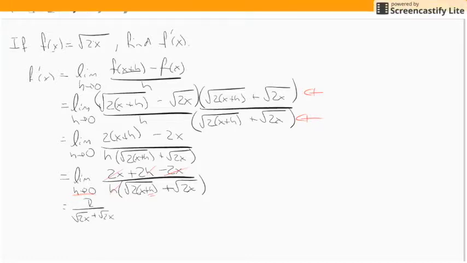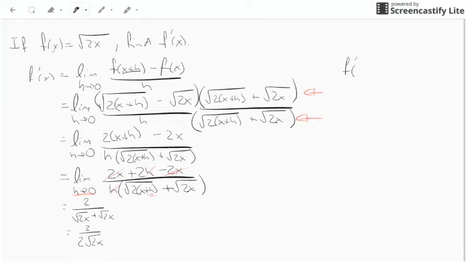Wow. Did a couple goofy things here. Hold on. In the numerator there, sorry, that's not a 1. The 2's don't cancel. There's a 2 up there. And then you're left with 2 over 2 square root of 2x. And now those 2's are going to cancel. And what we're left with here is the derivative is equal to 1 over the square root of 2x.